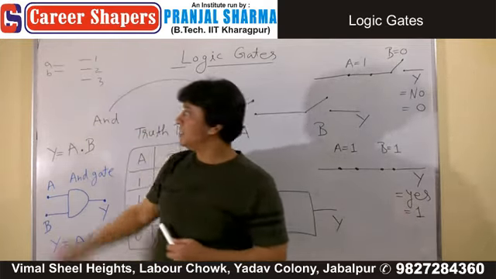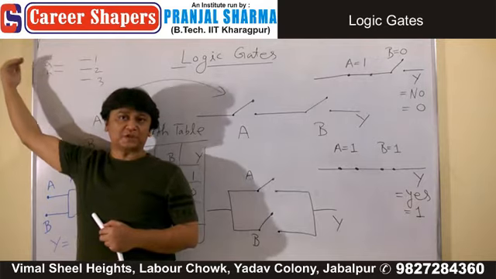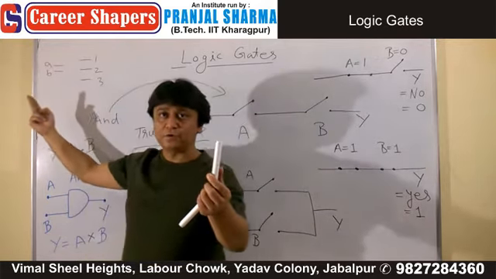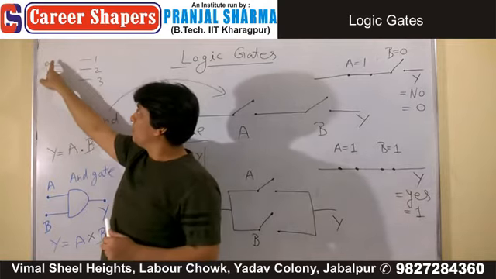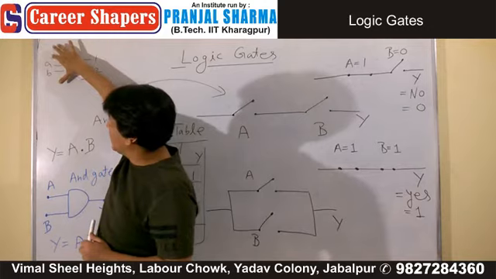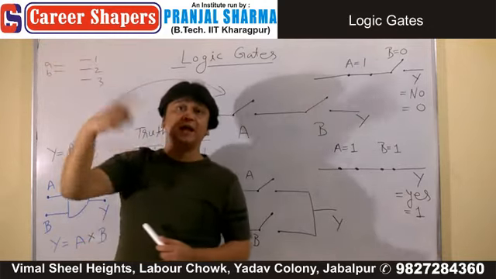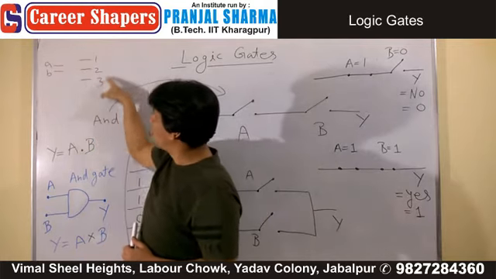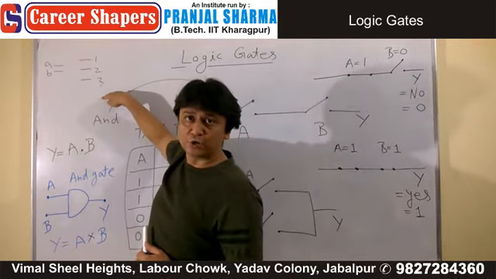Somebody coming from this side will have to choose from A and B, and then he has to choose from 1, 2, 3.